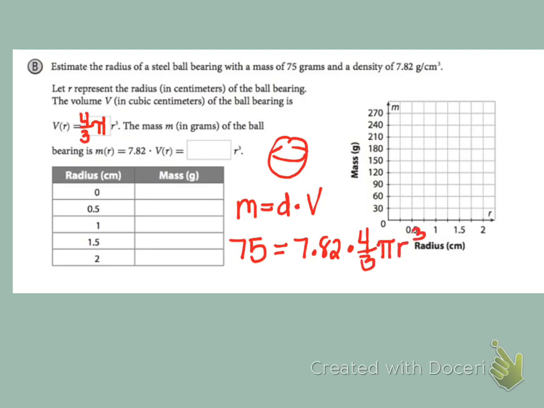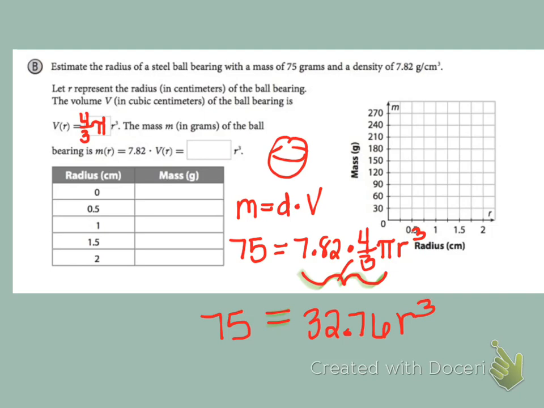Okay, so actually all of this right here is just one constant number, right? 4/3 pi is about 4.18879, and if you multiply that by 7.82, you get approximately 32.76 r cubed, and then that's supposed to be equal to 75. Simplifying makes it a little easier to get my coordinates.